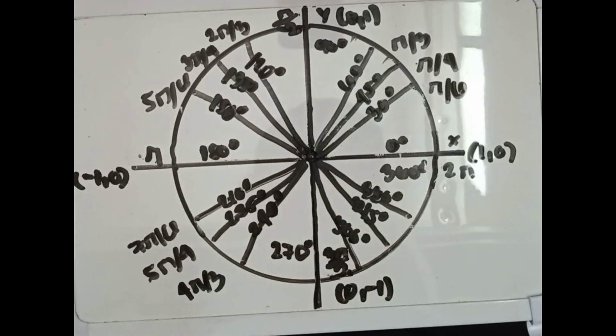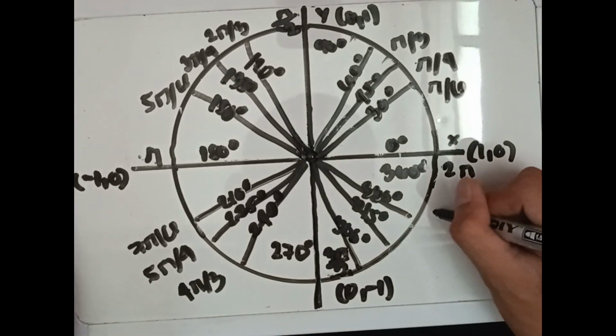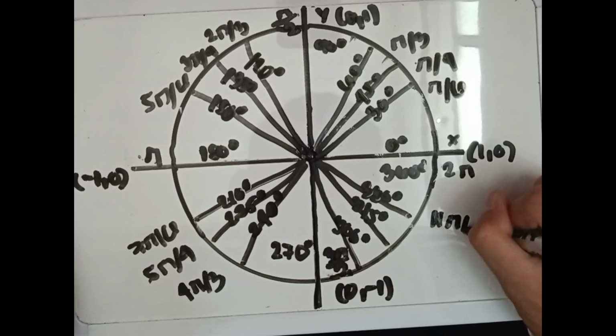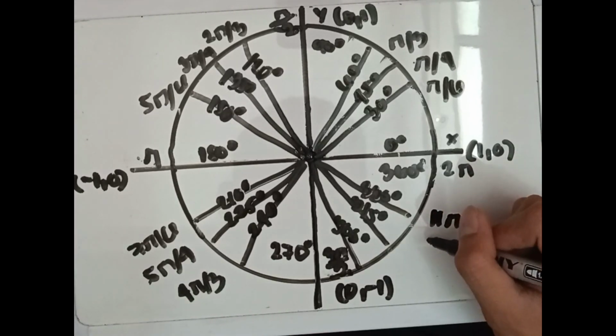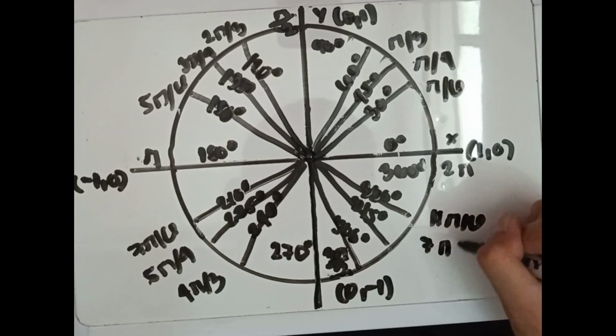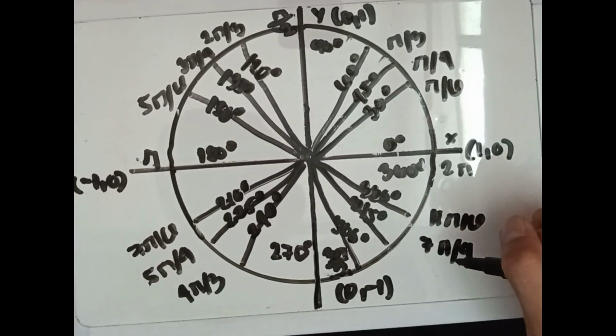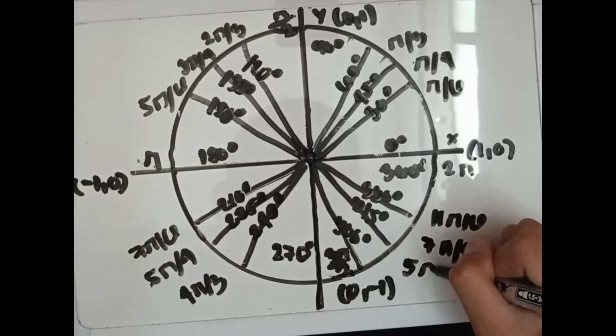Now let's move on to the fourth quadrant. 330 degrees is 11 pi over 6. 315 degrees is 7 pi over 4. 300 degrees is 5 pi over 3.